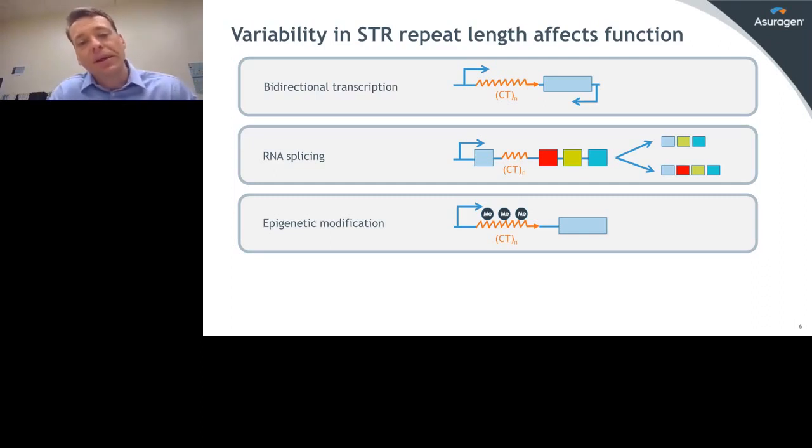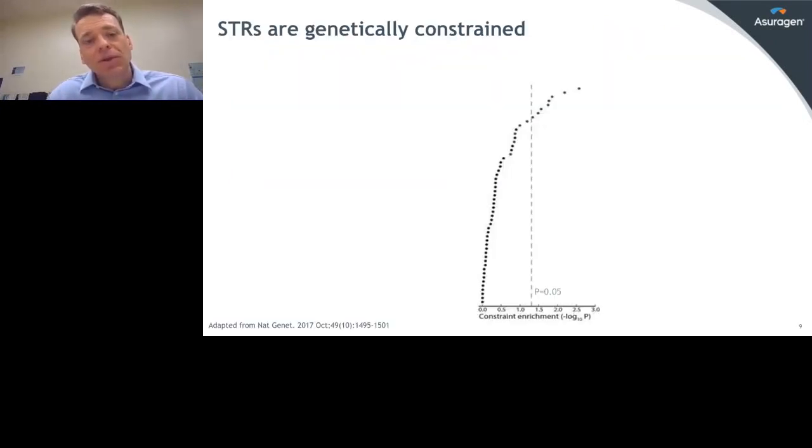A terrific paper came out last year from Melissa Gymrek and Nina Ehrlich in Nature Genetics that showed that they could identify more than 2,000 eSTRs whose lengths were linearly associated with nearby gene expression and could explain 10 to 15% of the cis heritability attributed to common SNPs. And so repeats may in fact be a way to help understand the, quote, missing heritability that's been associated with some diseases.